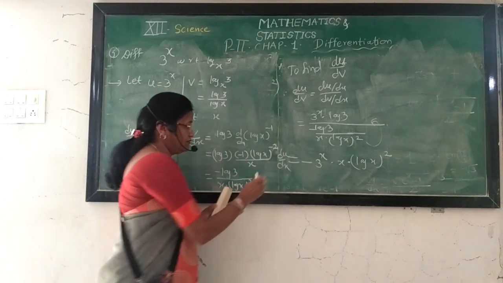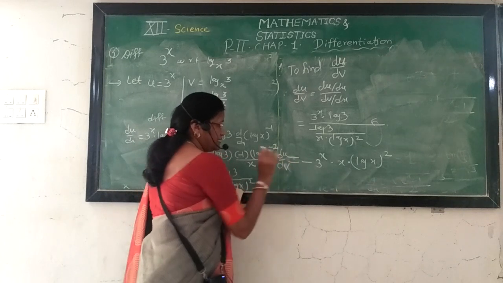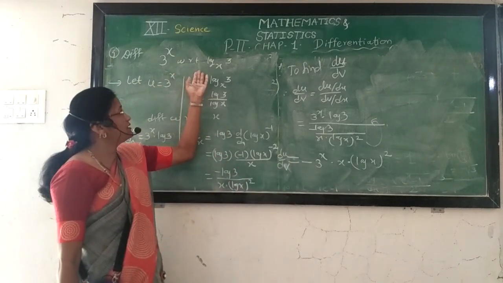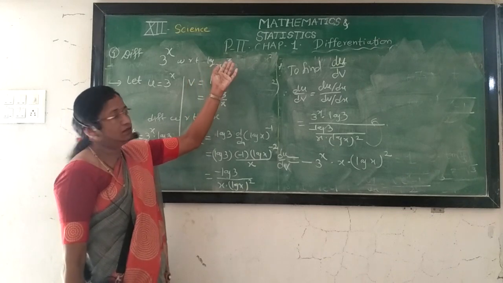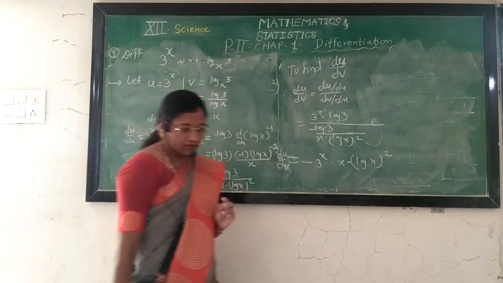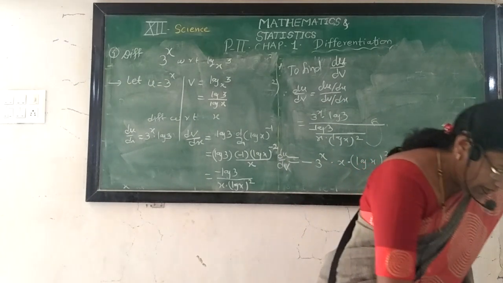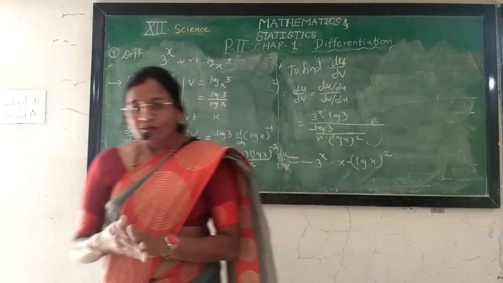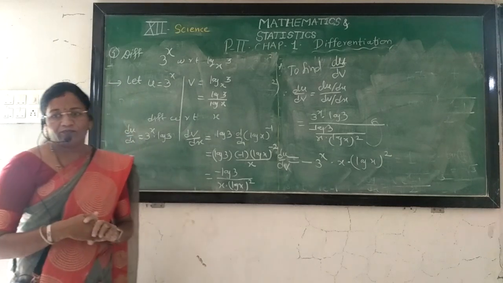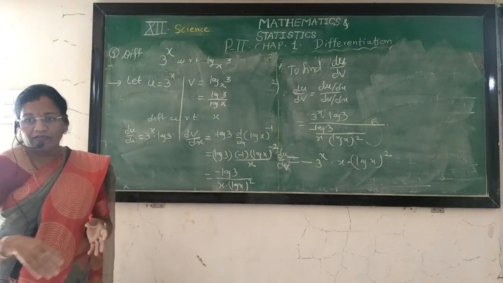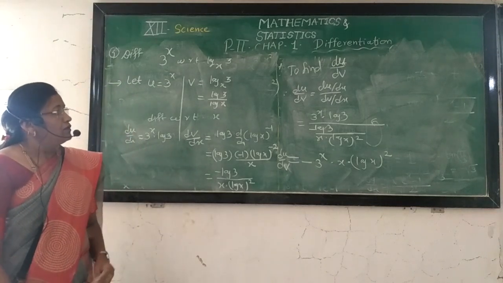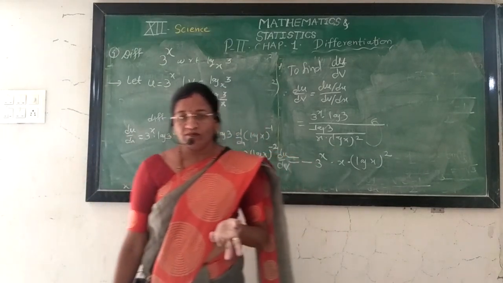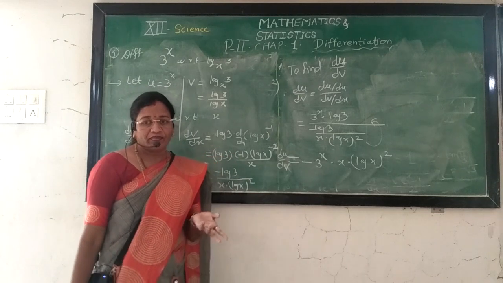With respect to the second function, that is v: the derivative of 3 raised to x with respect to log of 3 to the base x. Up to this point we found the derivative of the parametric function, or the given variable derivative can be found by using the result of dy by dx.